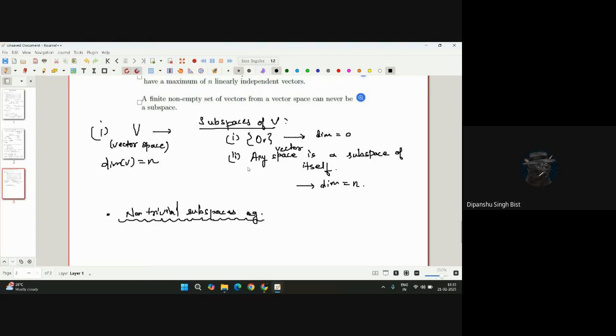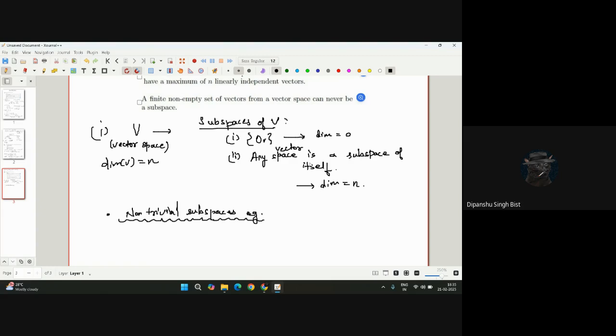If you're talking about a zero space, it satisfies both conditions because zero is a subspace of itself. Even if you talk about a line, any vector space in one dimension, let's talk about R1. R1 contains zero as a subspace, and R also has R itself as a subspace.